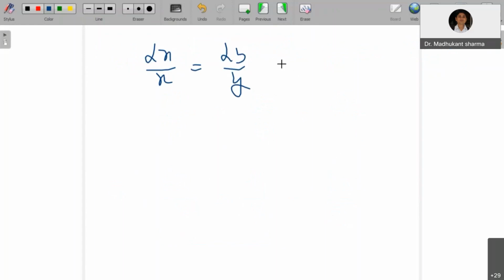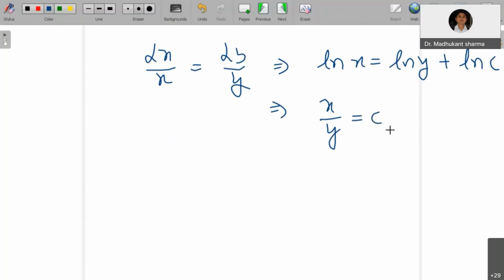What is the solution of this? Integrate both sides. So ln x is equal to ln y plus an additional arbitrary constant, ln of c. So this will give you x by y is equal to c.